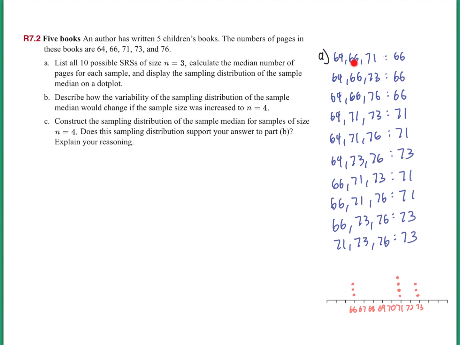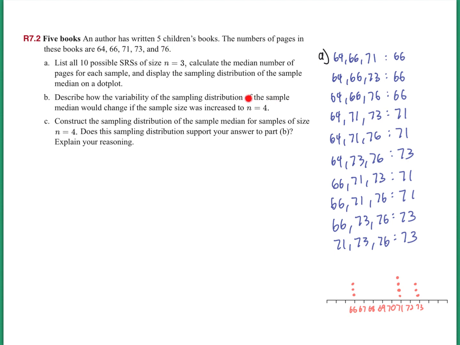So there's just 3 in each sample. And this is all possible combinations of 3, so that's what a sampling distribution is. All possible samples of a certain size. So this is a sampling distribution from this population of size n equals 3.